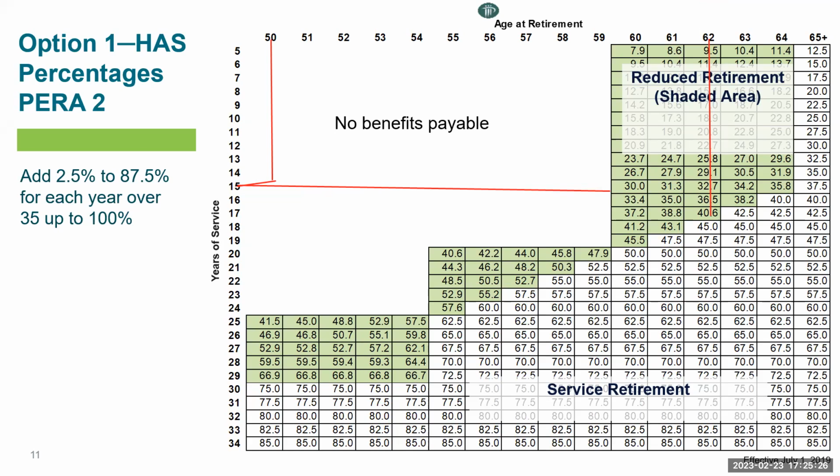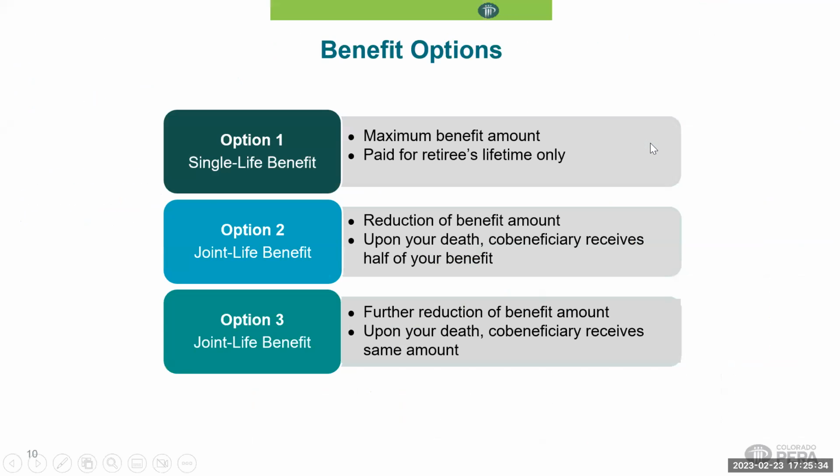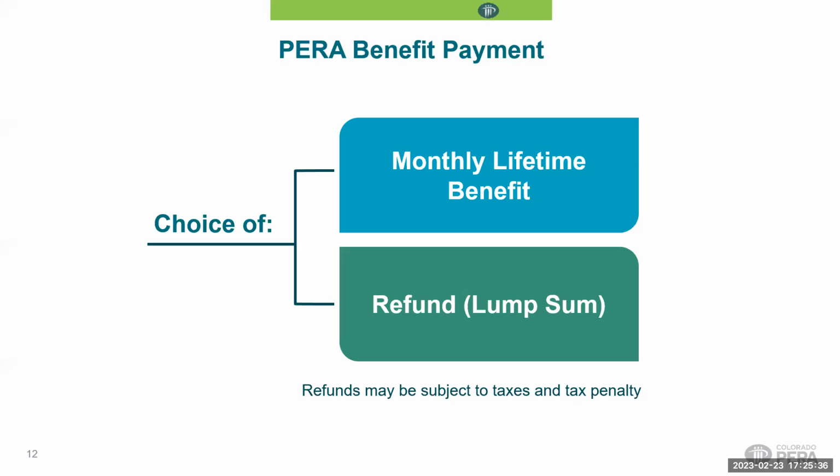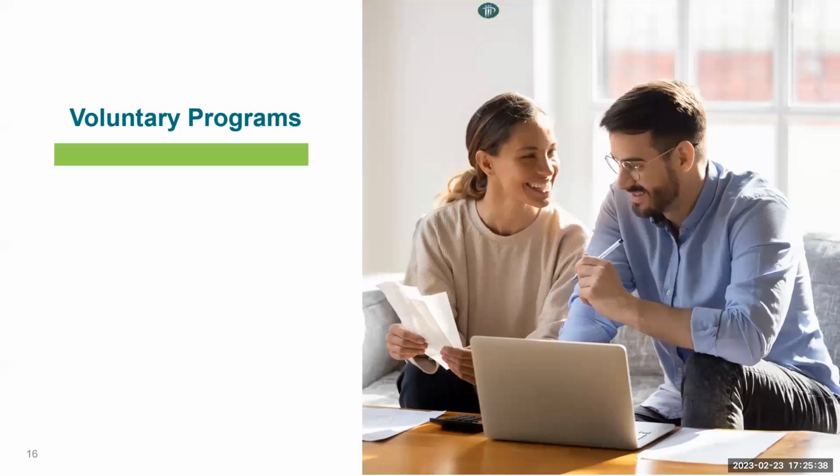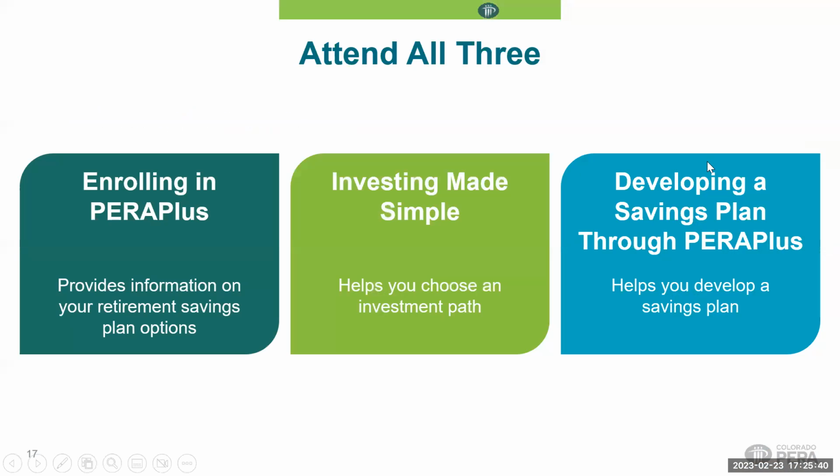So what we actually do suggest is that you do consider, if you can afford it, of course, we don't want to put anyone in any situations where they may have to depend on every penny, but a PERA Plus 401k or 457 plan is a great way to help protect yourself in retirement from things like inflation or the rising cost of healthcare.